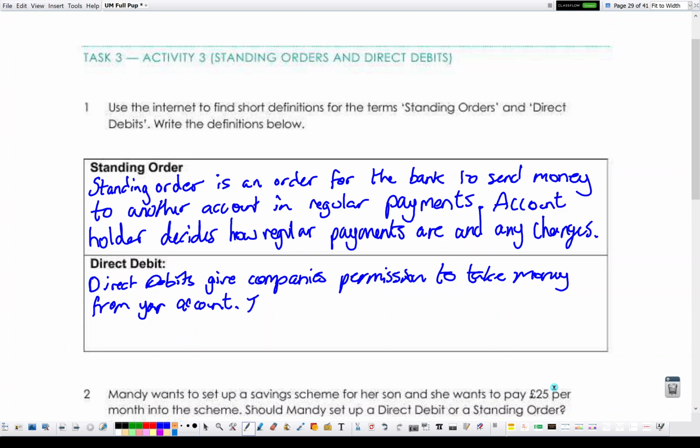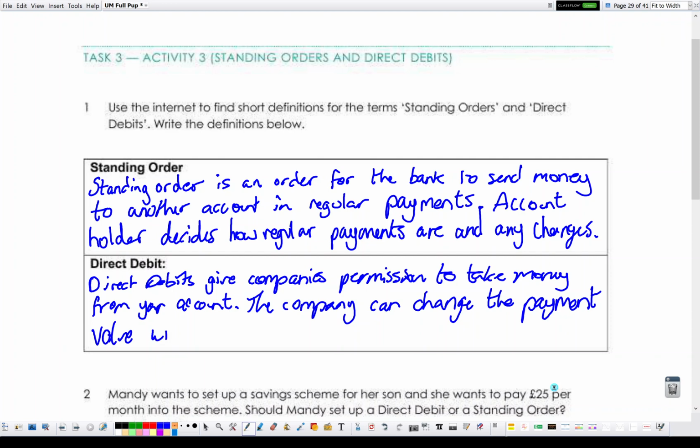Okay, so the company can change the payment value without the account holder's permission.